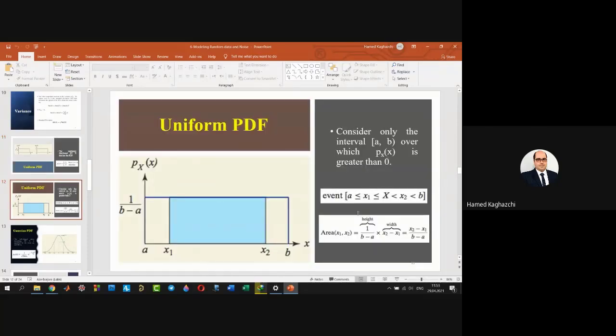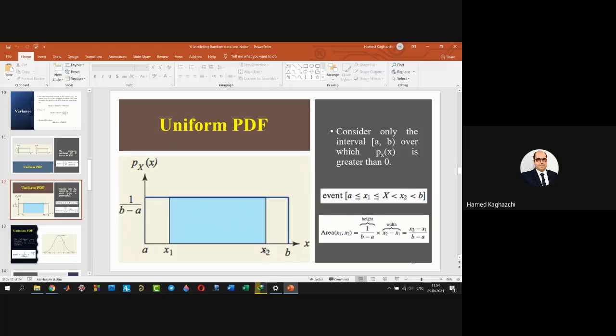Now, if the event, random variable x, occurred at this interval x1 to x2, where x1 is greater than A and x2 is less than B, how can I find the probability of event x being between x1 and x2?